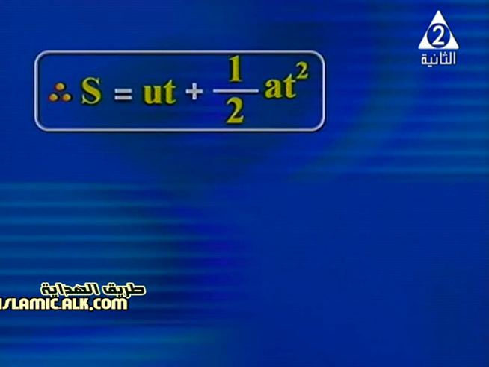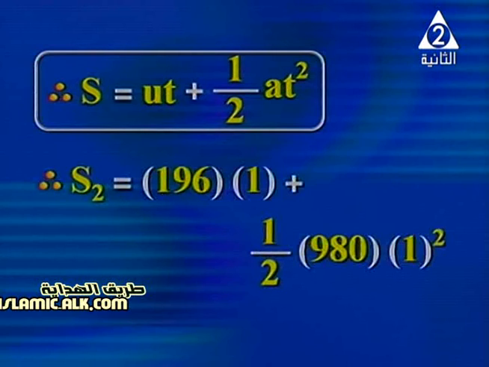After we substitute in the second Newton law, s equals v naught t plus half at squared, we find the value of the second distance, 196 times 1 plus half times 980 times 1 squared.